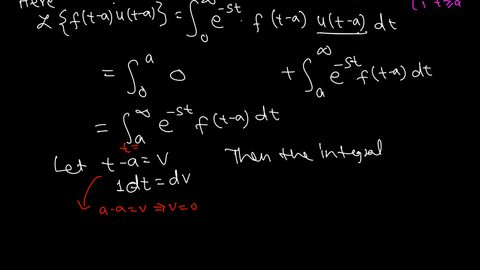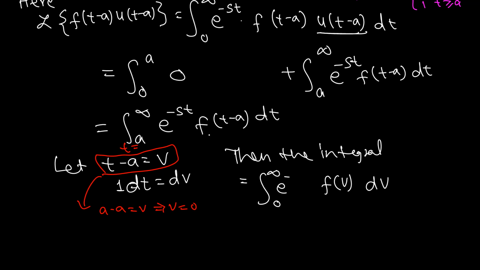So in terms of the new variable, 1 dt is dv, so dt is dv, and f(t minus a) is f(v). When t is a, v is 0, so the lower limit is 0, and the upper limit is always infinity. And here e to the negative st, and we can find the value of t from t minus a equals v. That means t equals v plus a.